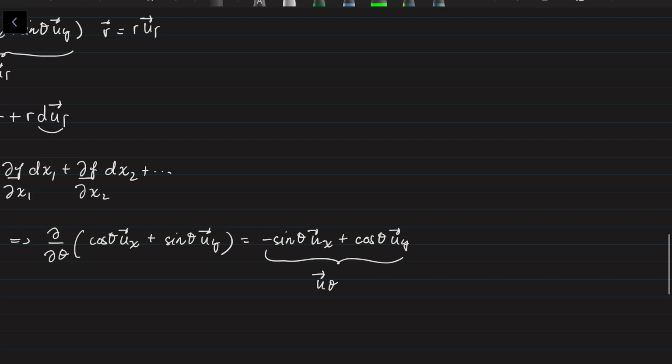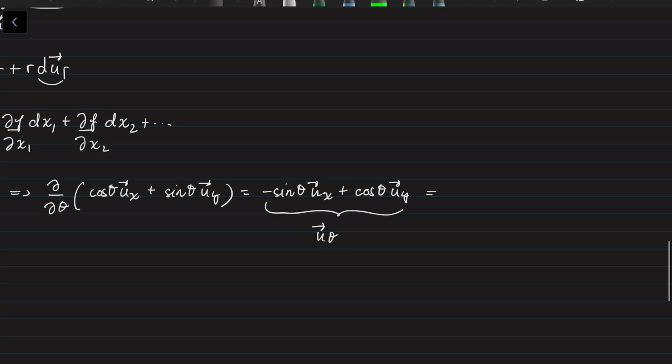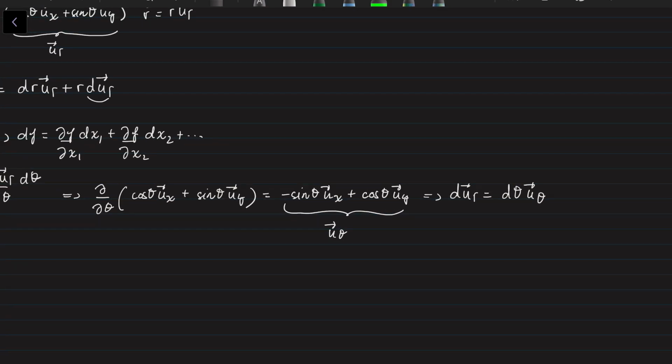So what does this tell us? This tells us that dur is just d theta u theta. Remember, dur is partial ur by partial theta d theta. Now let's write our differential displacement vector down.